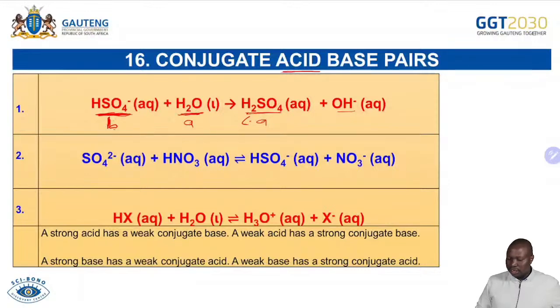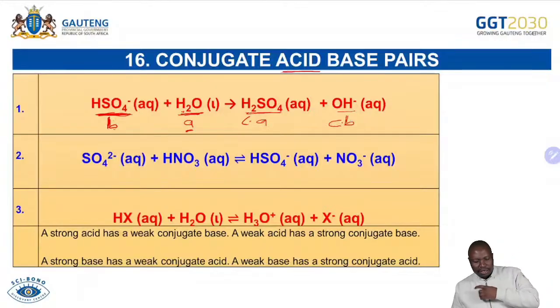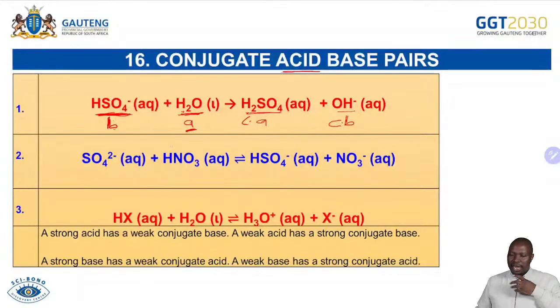So you're having an acid reacting with a base to form a conjugate acid, and a conjugate base, OH minus. You can see water is an acid because it has one hydrogen ion extra compared to OH minus. So the difference between the acid and its conjugate base is that the acid has one hydrogen ion extra as compared to its conjugate base. So that's how you will categorize them.